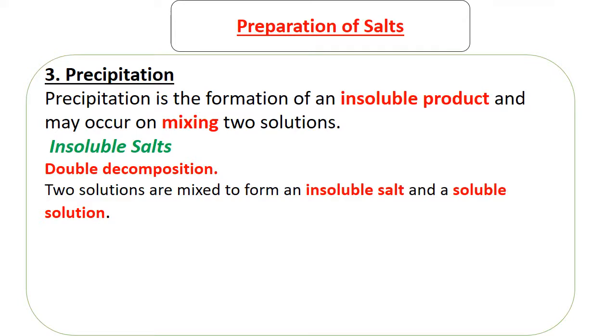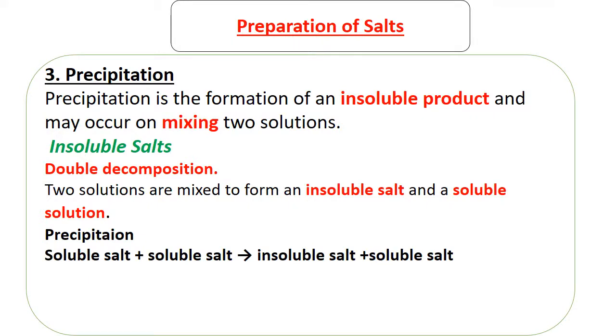To give more insight into what double decomposition is and what precipitation is, we can specifically say that precipitation is like this. We have a soluble salt reacting with another soluble salt to form an insoluble salt and a soluble salt. I'm going to explain well when we look at an example how double decomposition happens here.